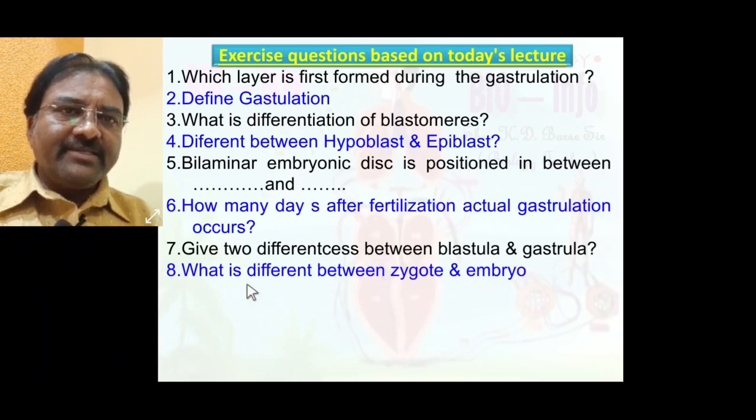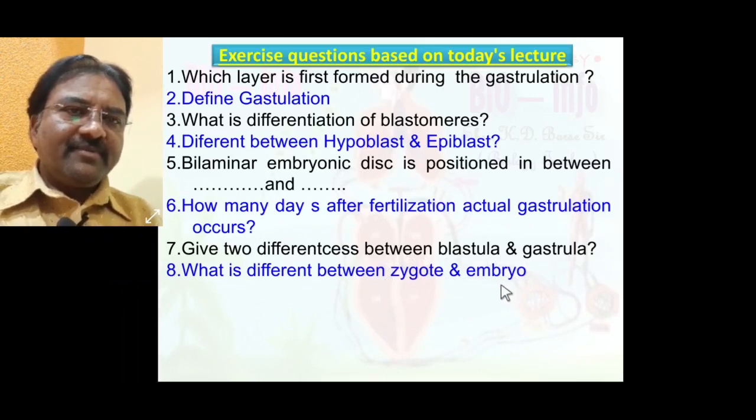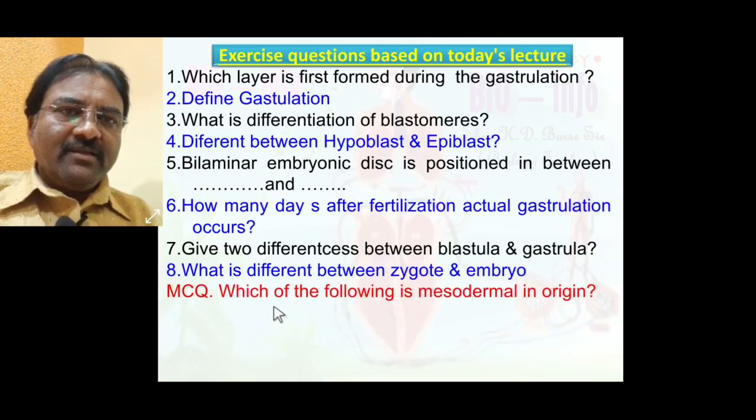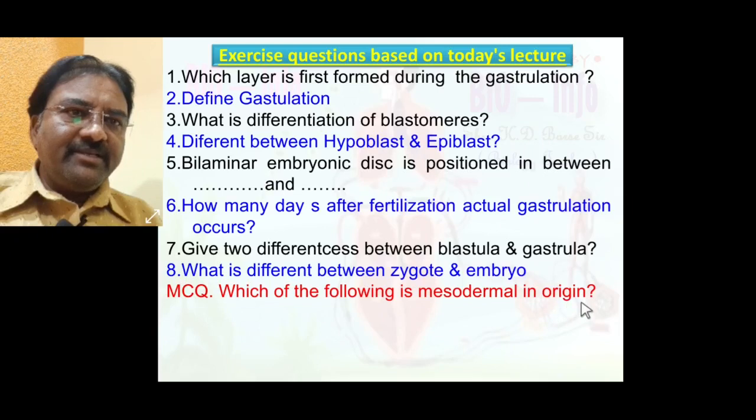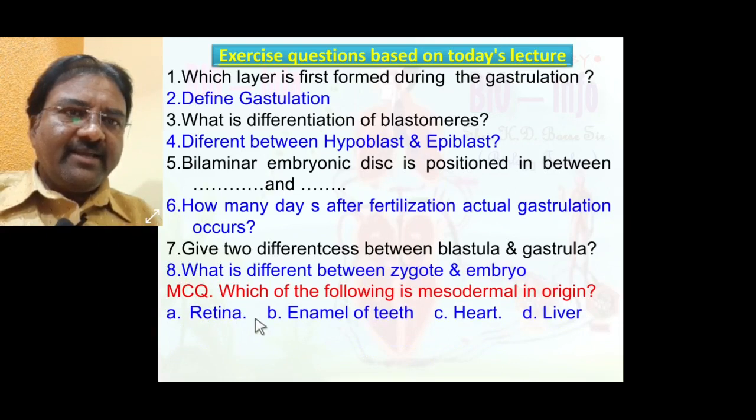Now what is the difference between zygote and embryo? Zygote is developed after fertilization, the fusion of male and female gametes. Embryo is developed from the zygote through differentiation events. Which of the following is mesodermal in origin? MCQ question here: retina, enamel of teeth, heart, liver.